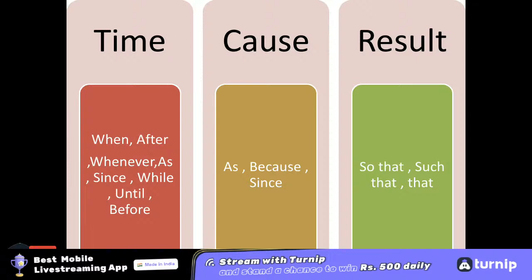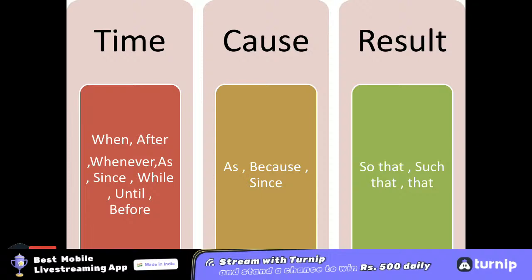These are some of the words which are used in case of time. If we are talking about cause: as, because, since. And when we are talking about result, words such as so that, such that, that are used.